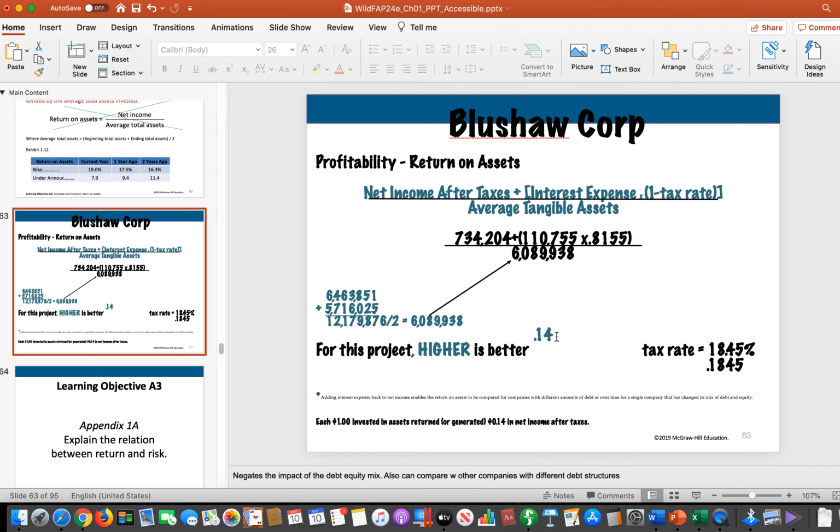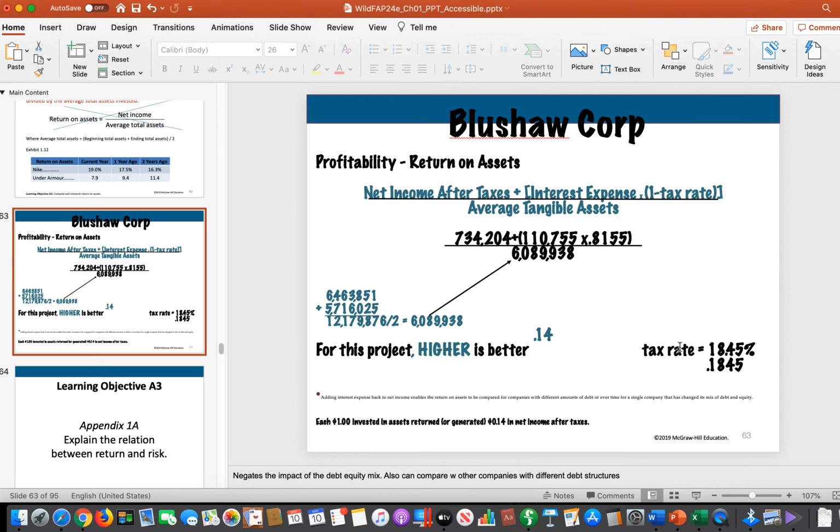And the math should bring you to 0.14. If you don't get 0.14, you made a mathematical error here. Okay? So in effect, here's what we're saying, that for every dollar this company invested in assets, 14 cents was returned as net income after taxes.